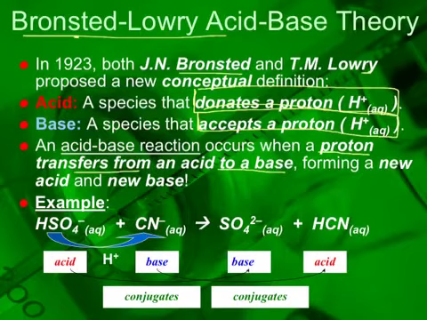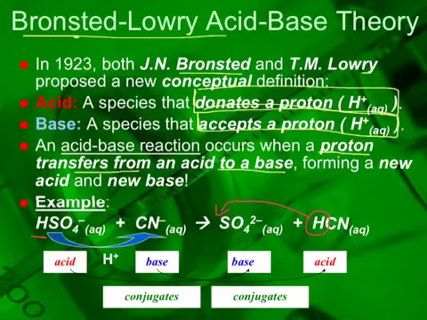We now also have two new definitions. When an acid loses a hydrogen, it becomes a base, because in the reverse reaction, if there was one, we could see the transfer of the hydrogen from cyanic acid onto sulfate to produce hydrogen sulfate. So therefore, in our forward reaction, the acid now becomes a base.